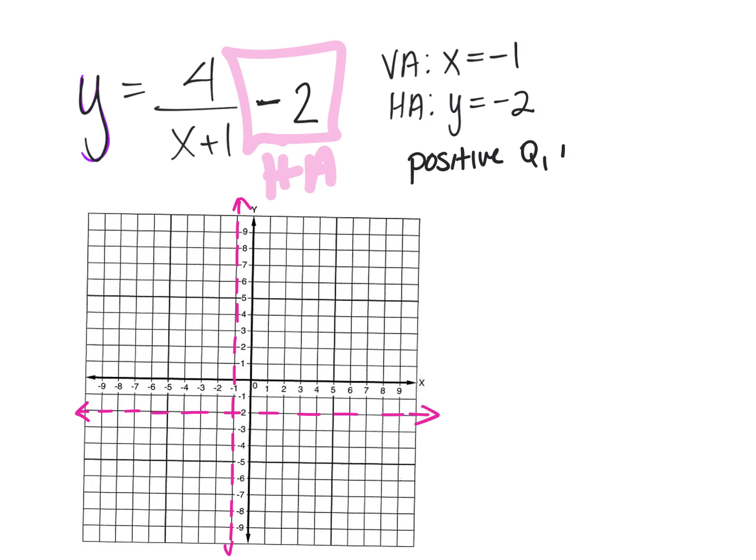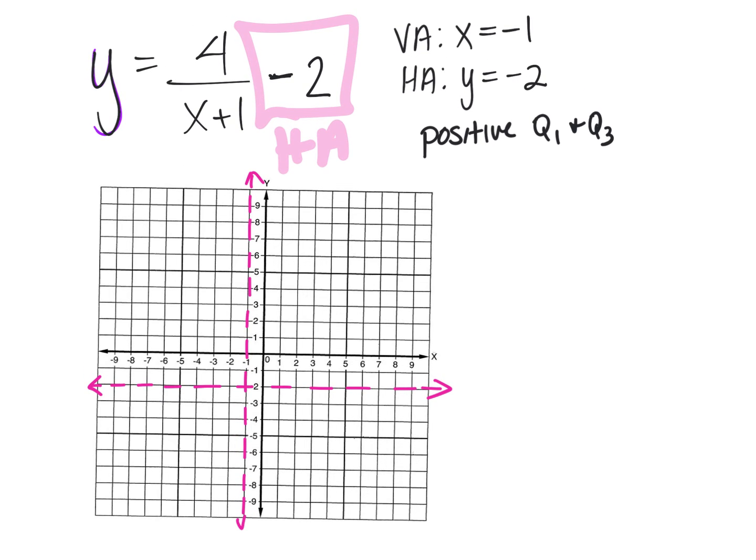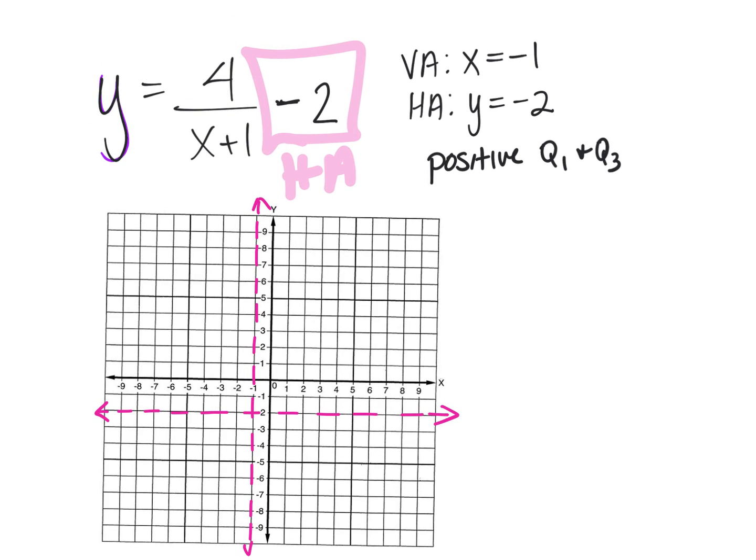It's positive, so it's going to be Q1 and Q3. So my 4 is positive, and there isn't a negative in front. So you're either looking for a negative in front of the fraction or the numerator to be negative. Otherwise, it's a positive function. Okay, we're only looking at the a or a negative out front. A lot of times they do put the negative in front of the whole fraction instead of making the 4 negative.